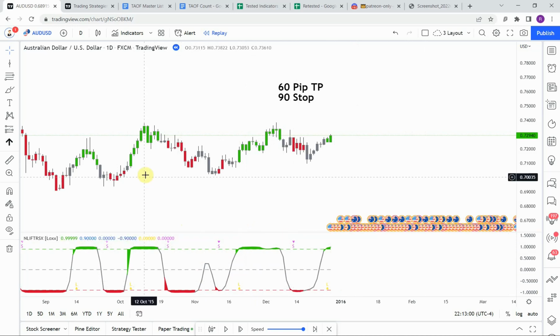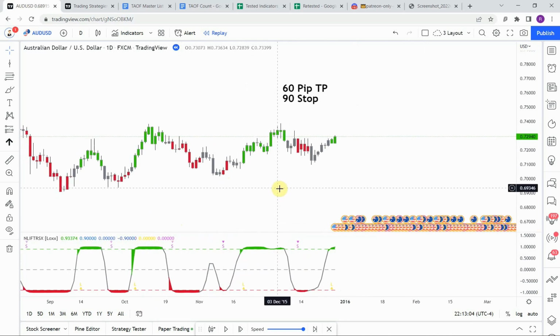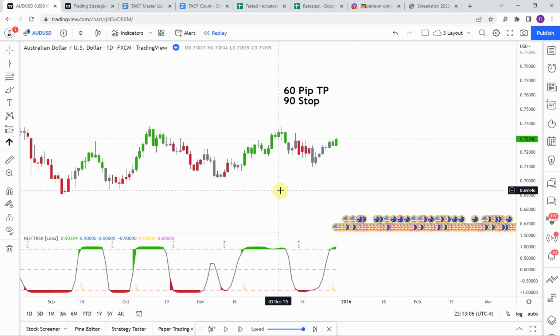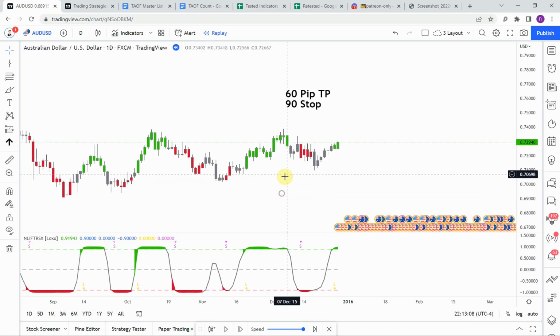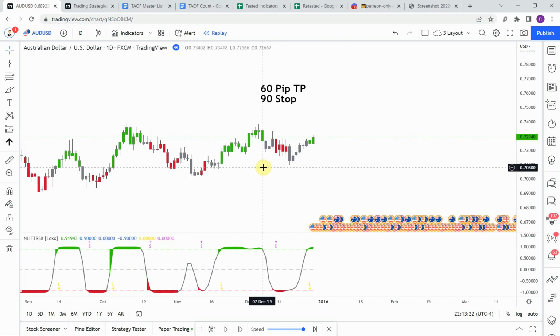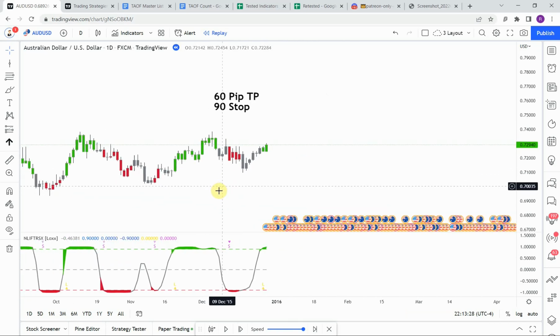It's kind of hard to see them, but as you can see up here on screen, it does have the bar coloration, and it makes it pretty easy for us to spot exactly what we should be doing. As you can probably guess, when we get a green bar or green bars, that is a signal to go long. When we get red bars or a red bar, that is a signal to go short. So pretty simple. That's how we're going to be testing it. Let's go ahead and get on with the testing and see what we can get out of it.